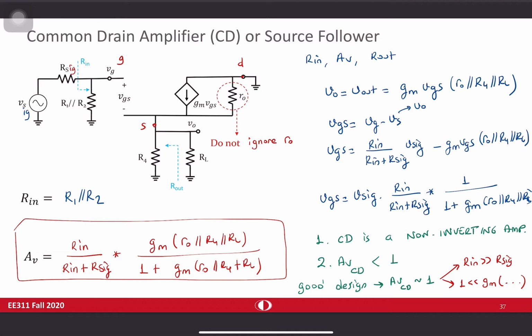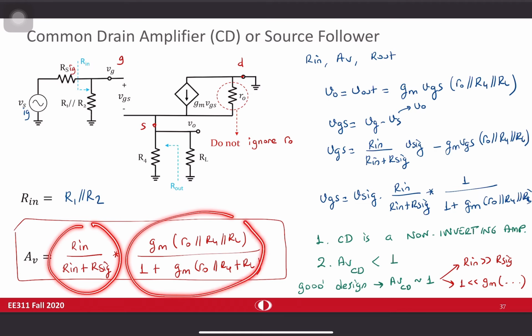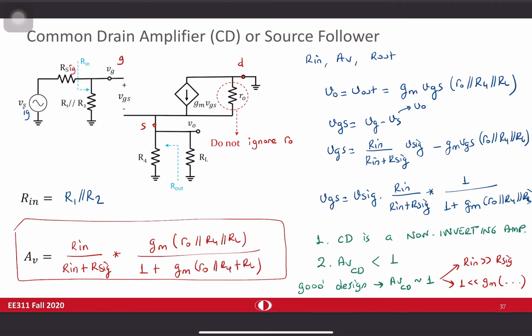For a bad design, of course, you are losing the amplitude significantly if you cannot make this thing close to 1 or this one close to 1. So you are going to lose the signal significantly, but the purpose is making a buffer in here, a voltage buffer with a unity gain. So for that purpose, you want to make this thing as large as possible. Use like giga ohm resistance if possible, like in here, and try to make this term much larger than 1.